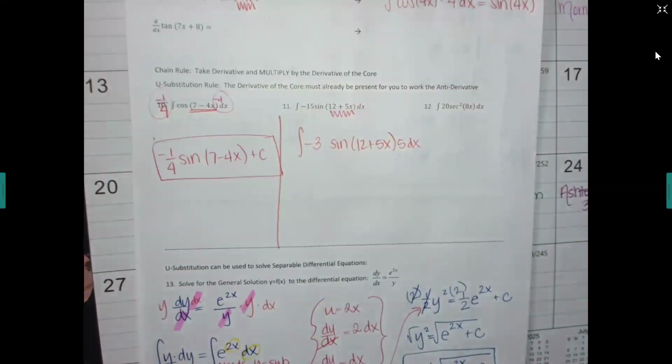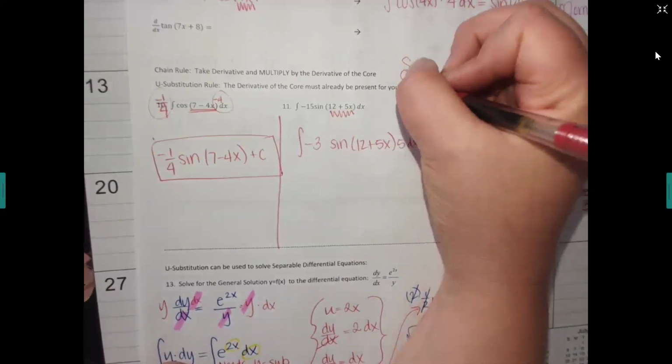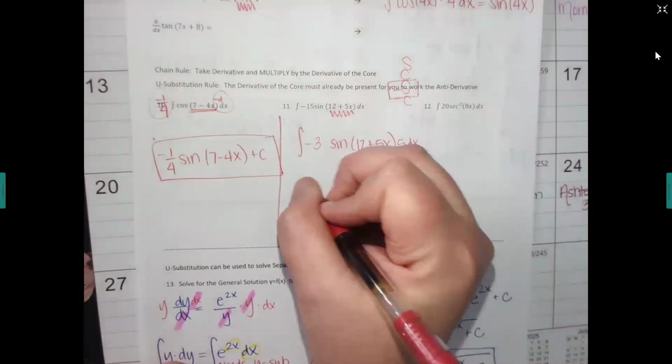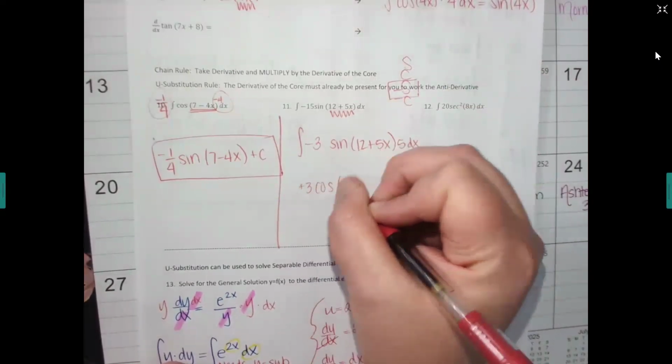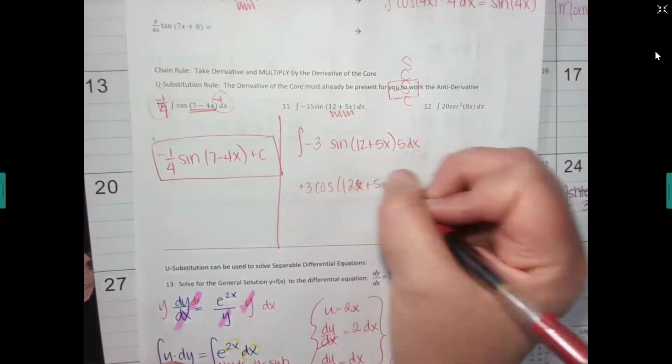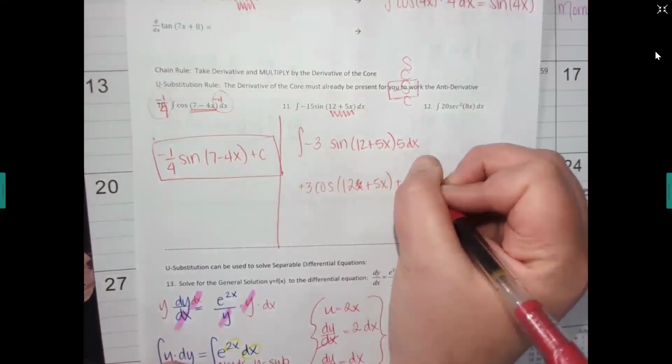So think about it, it's still -15, but I'm letting the 5 go to the back to be the derivative that has to already be there. And then what's the integral of negative sine? Snow cone, snow cone. If I'm on negative sine and I go up, I'd be at +3 cosine of 12 plus 5x plus c.